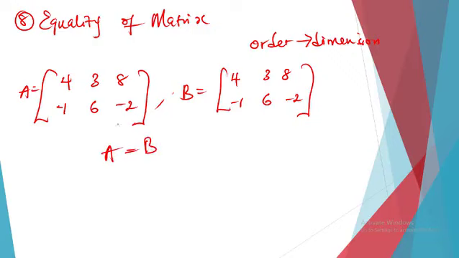The condition here is that the order of the matrices must be the same. This is 2 by 3, and this is 2 by 3 also. The number here is the number here, and so on and so forth. So we say that this is equality of matrices.